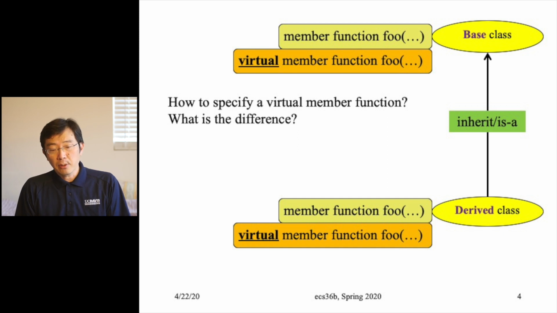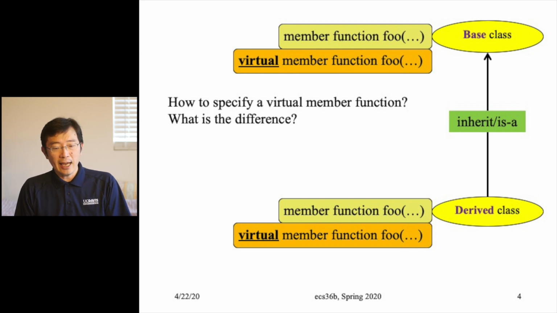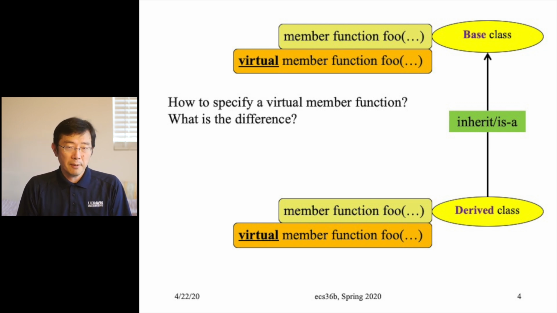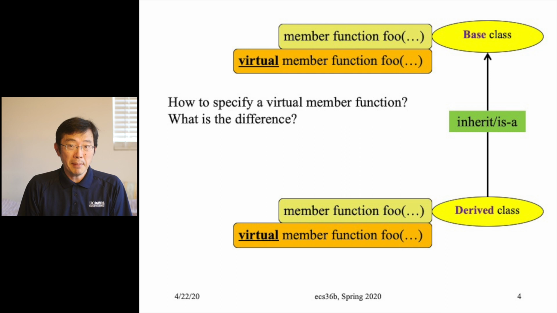And I could specify the virtual function. If I want that function to be virtual, I can just add the keyword virtual in front of the function prototype when you declare your class. That will specify that a particular member function is a virtual function.